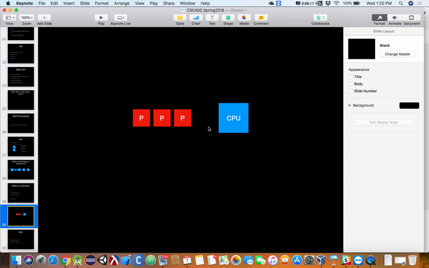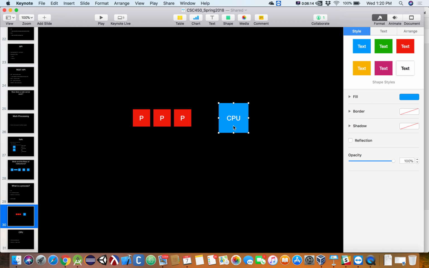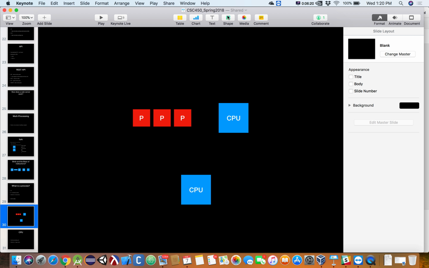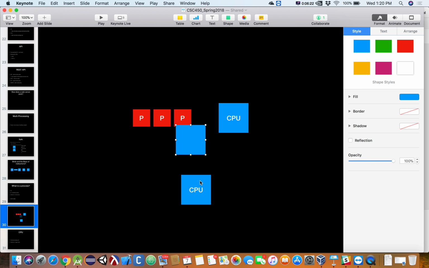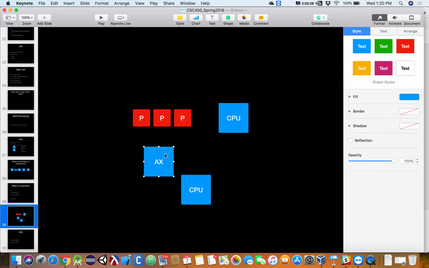let's take a microscope here and look at this CPU. What does the CPU actually look like? I'm not going to get it down to the wire level, but if we look at a CPU, this guy has a whole bunch of things that are part of it. I'll draw my pretty pictures.